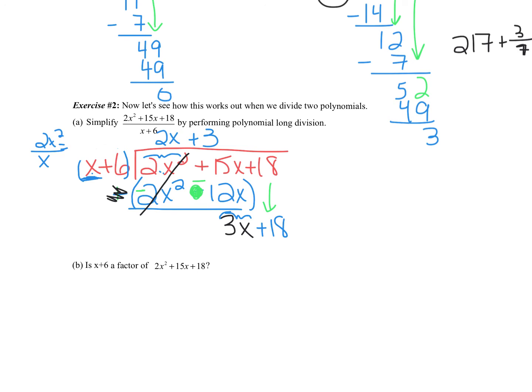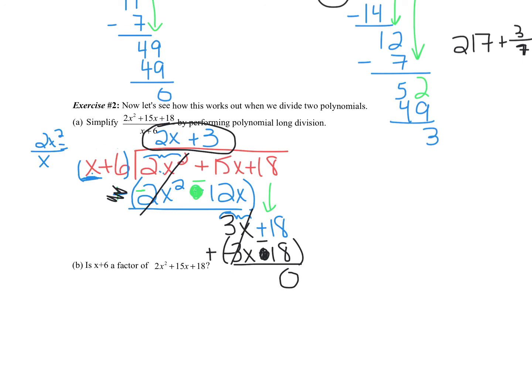So that will give me 3x, right? 3 times x is 3x. 3 times 6 is 18. And then I subtract. So same deal, make it positive, change each of the signs. The 3x's cancel again. The first term should always cancel. 18 minus 18 is 0. Okay, so this goes in evenly. We don't have any remainder. So this is the answer to the problem.